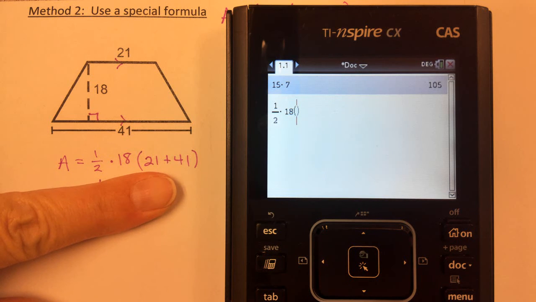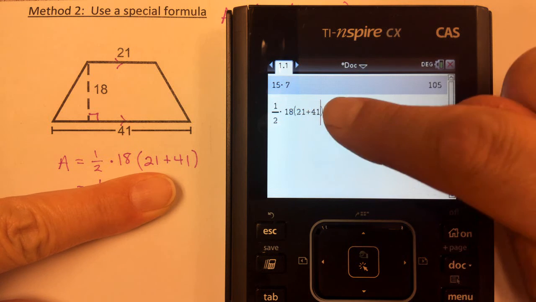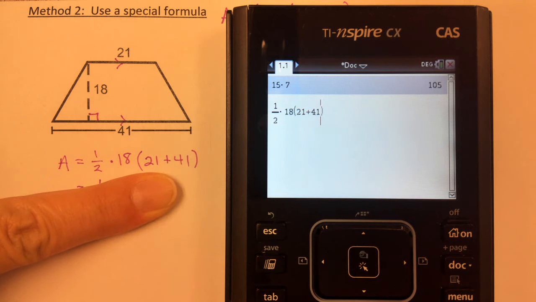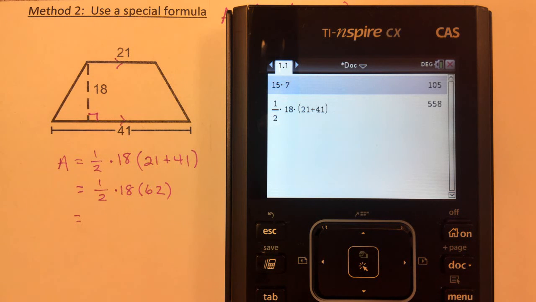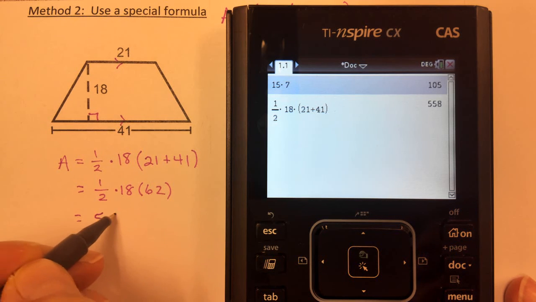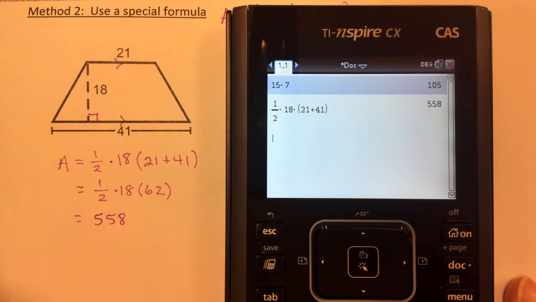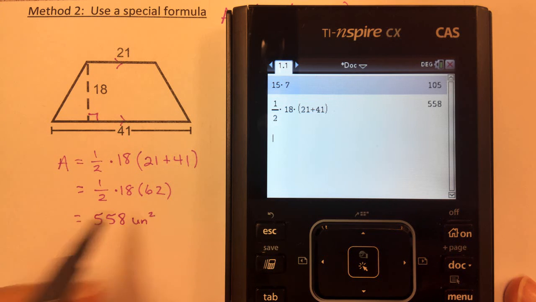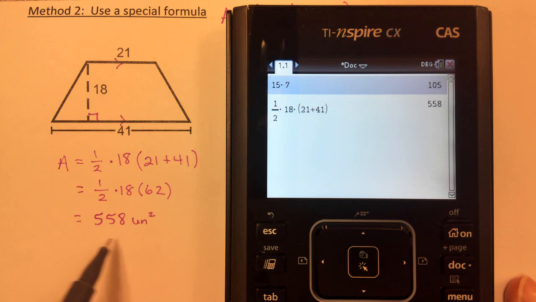You can do open parentheses and 21 plus 41. So it should look on the calculator exactly like it looks on paper, which means you need to make sure you write it down correctly on paper. So that's 558, which is the same thing we'd get if we did 9 times 62. So 558, we don't actually know what the units are, so we'll just say units squared for a generic unit for that one.